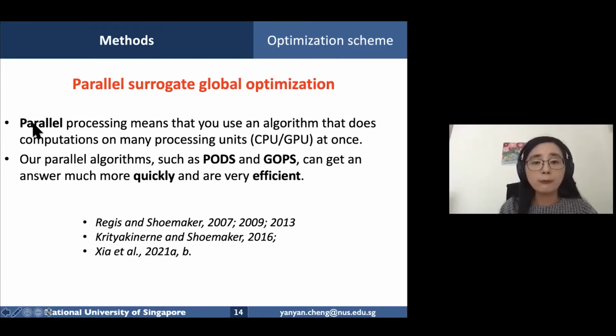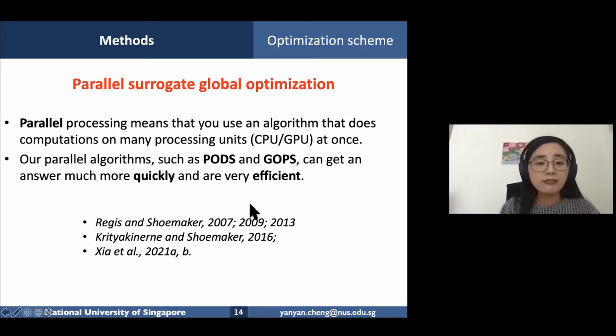For example, the parallel here means we try to take advantage of the advances in computational power by using many processing units at the same time, so we can save human time to find the solution. And we have very good optimization algorithms, such as the PODS and the GOATS.